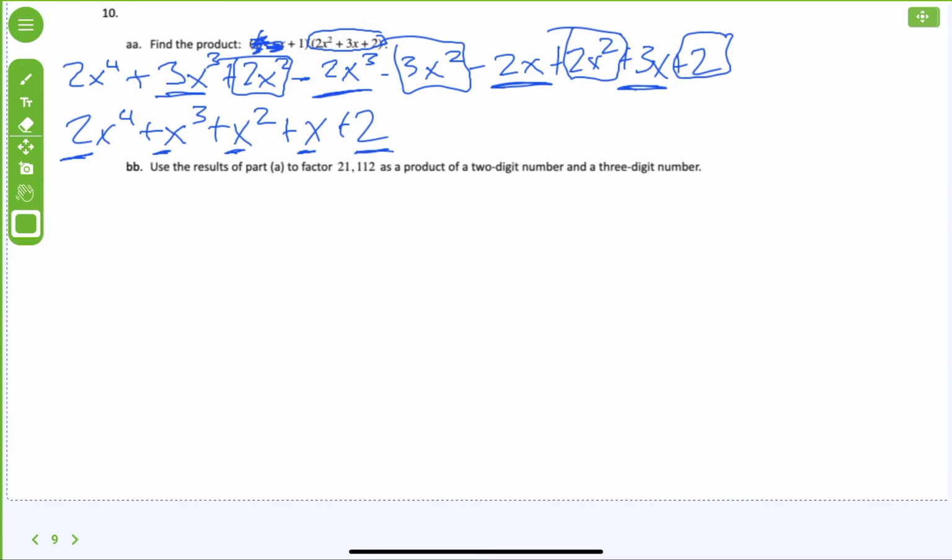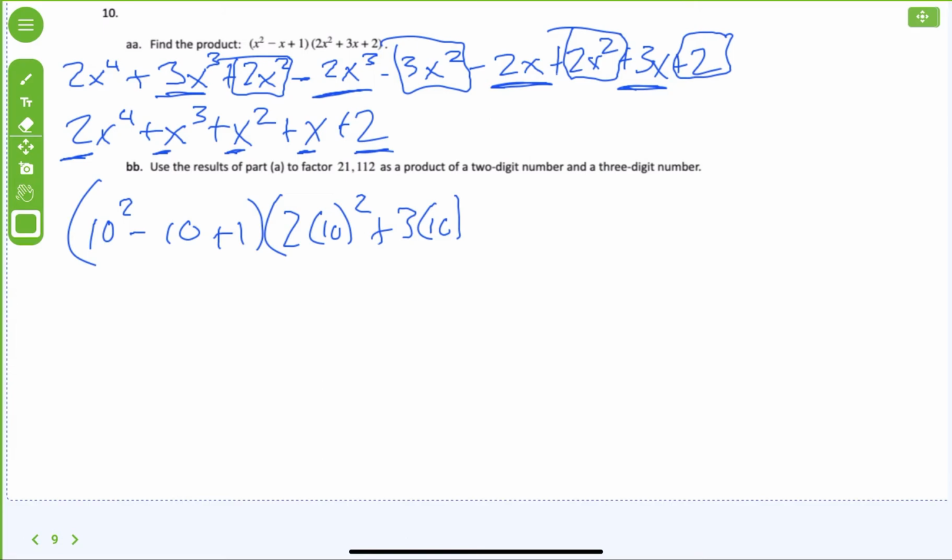Okay? So if we use that idea, let's go back up here to our original problem. If we plugged in a 10 for x, we would have 10 squared minus 10 plus 1 times 2 times 10 squared plus 3 times 10 plus 2.